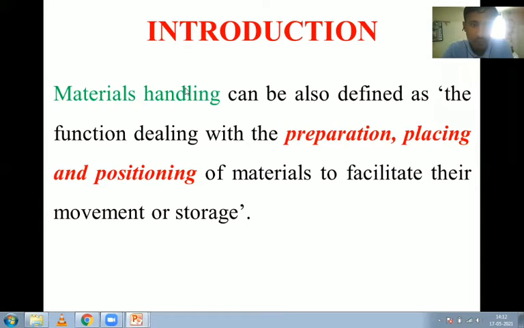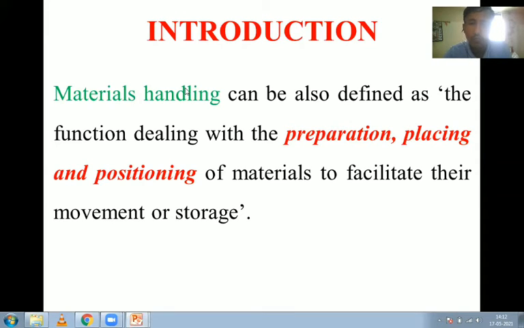First of all, we need to understand the meaning of material handling system and what its types are. Belt conveyor is one of the material handling systems. In detail, we are going to study belt conveyor systems.